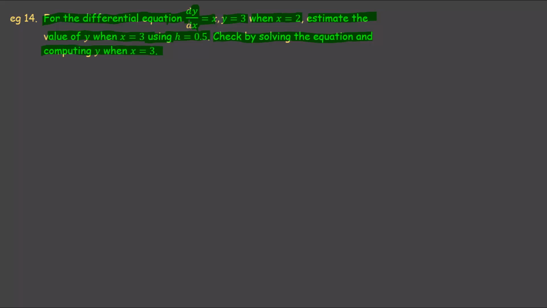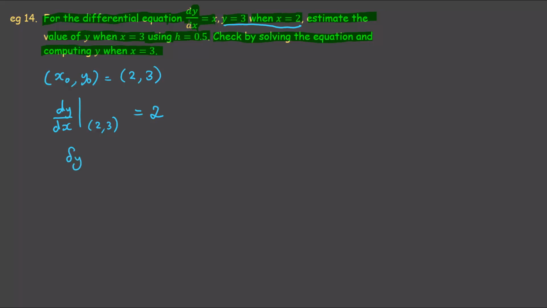Okay, so the information here gives us our x0, y0. That's going to be equal to (2, 3). So we're going to evaluate dy/dx at (2, 3). And since dy/dx is just x, that is going to be 2.